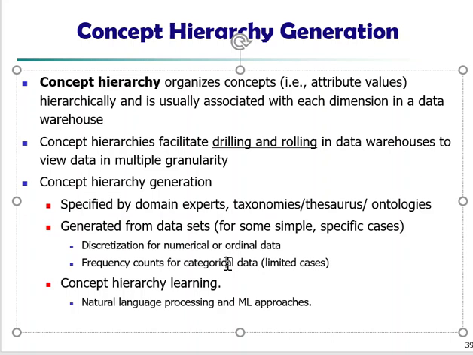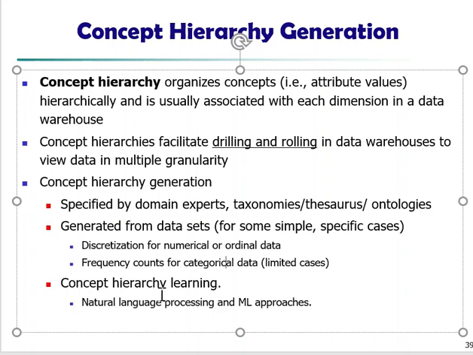It has some truth to it, but it cannot be theoretically proven, and there are known counterexamples that do not follow this heuristic rule. So frequency count for categorical data to create a concept hierarchy is one of those examples. We're going to show that in the next slides, I think.